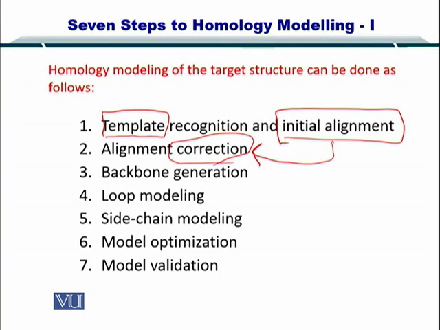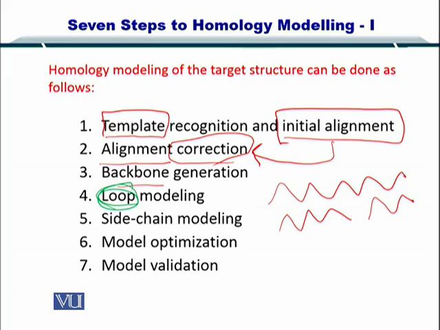Once you have formalized the alignment, next you create the backbone of the protein by looking at the alignment. After generating the backbone, next you need to look at the various loops that are going to join the backbone.